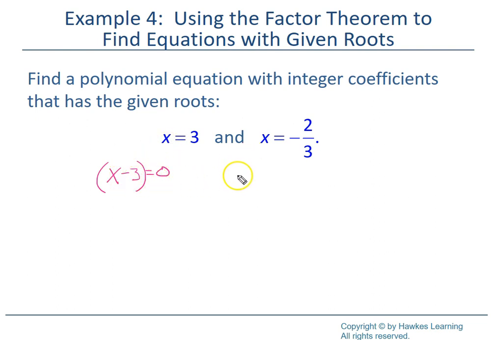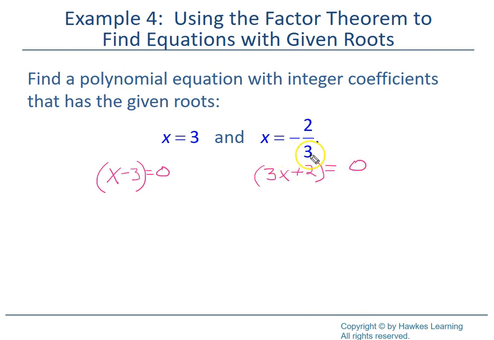And then this was, let's see here, this 3 went by the x, so this one was 3x, and this is a negative 2, came over here as a positive 2, equals 0.